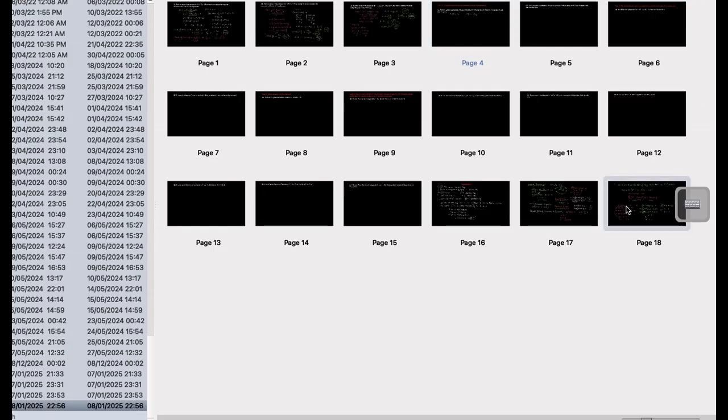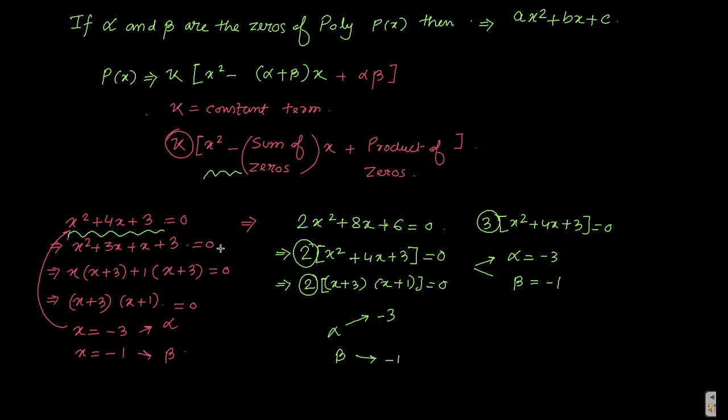The method is here. This is the exact formula for finding the polynomial. If the sum of the zeros and the product of the zeros are given, then the polynomial is x square minus sum of the zeros into x plus product of the zeros.